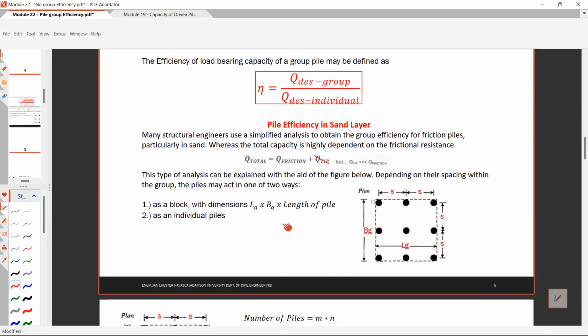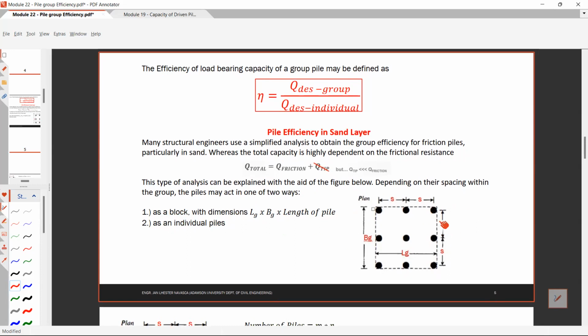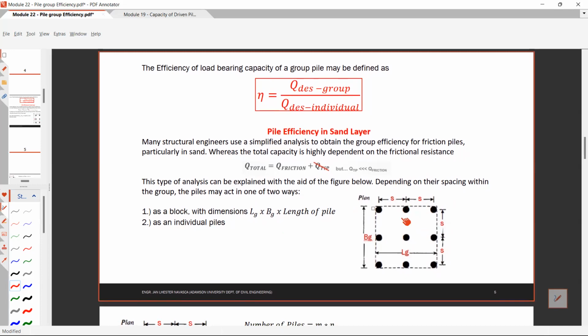So depending on their spacing within the groups, the pile may act in two ways. The piles may act as a block, and the piles may act as individual piles. So let's say for example this one. In this figure, we have a plan view of piles in a pile cap. Then we have an effective area that the piles will act as a group.